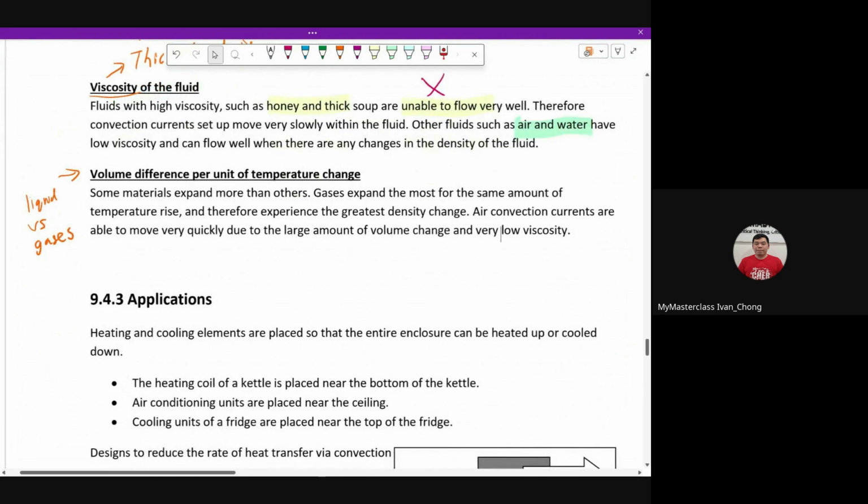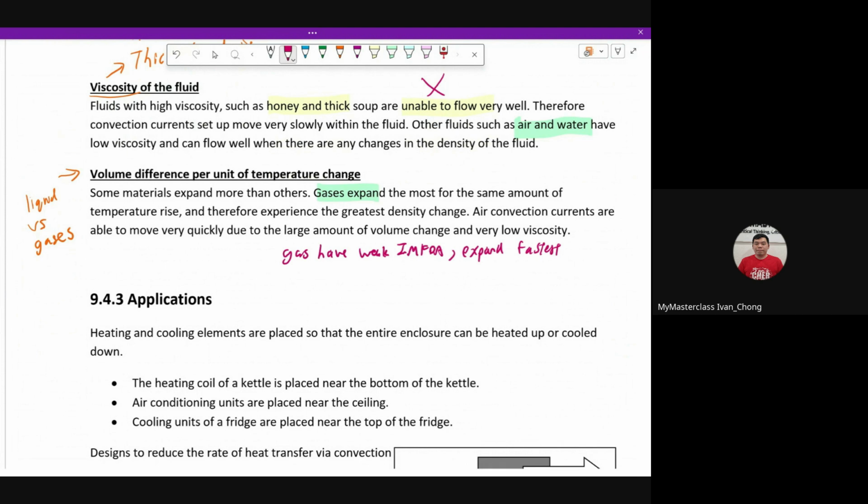So for this one over here, we know that gases expand more. Remember, gases expand because gas has weak IMFOA. So you expand the fastest out of the liquids and gases.